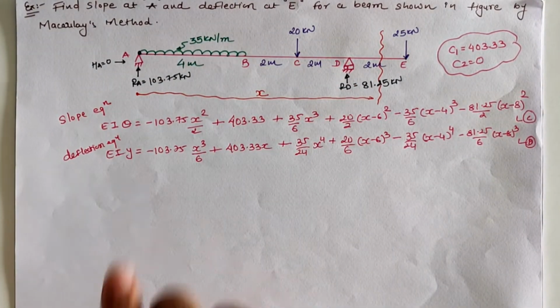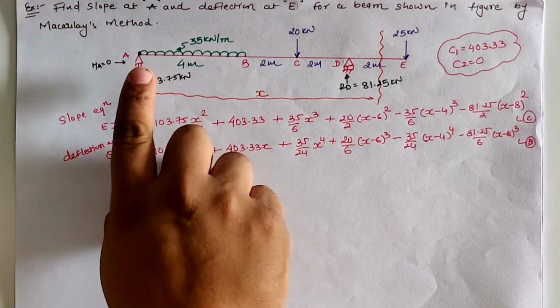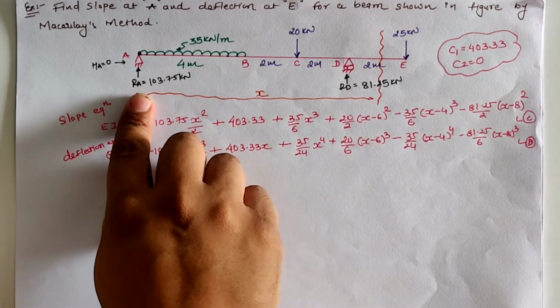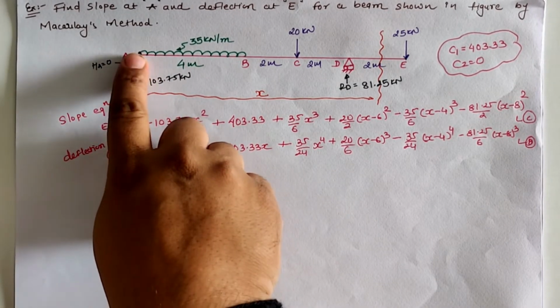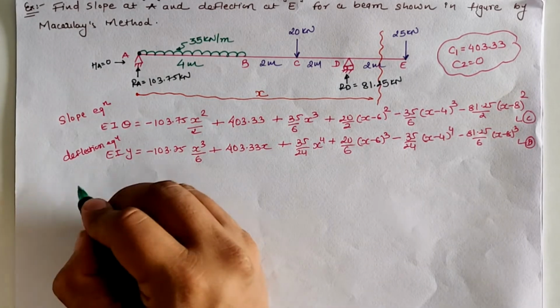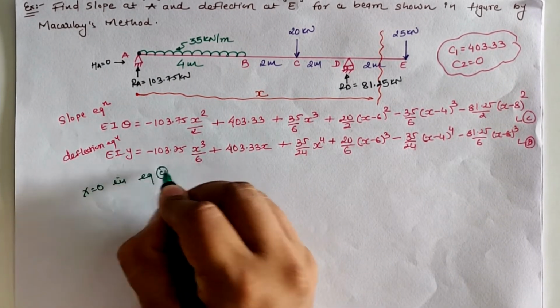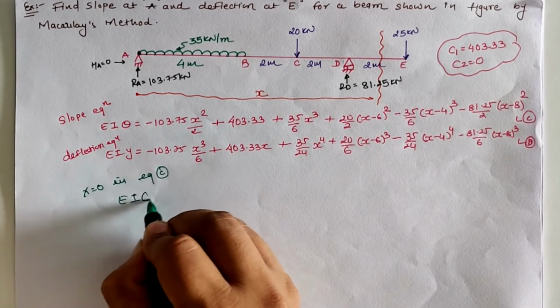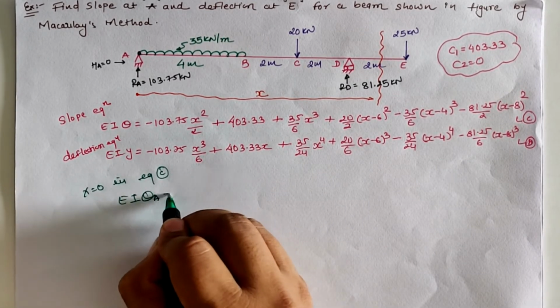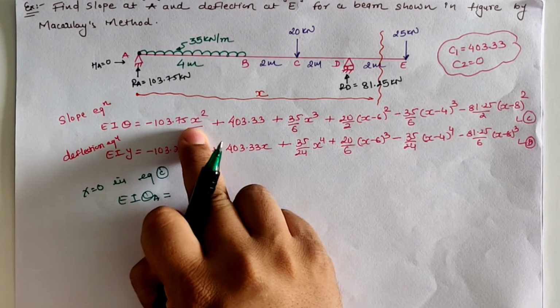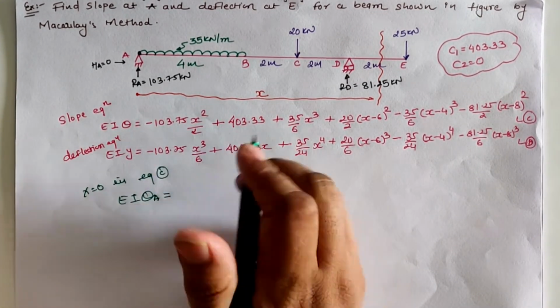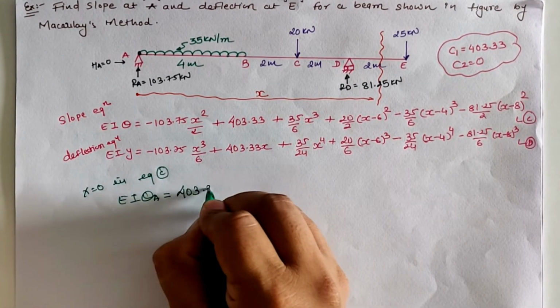Now we have to calculate the slope at location A. It means at point A, which is exactly at the origin, we have to put the value x as 0. We will have EI theta at location A, which is equal to, now 0 square as 0, the constant value is 403.33.